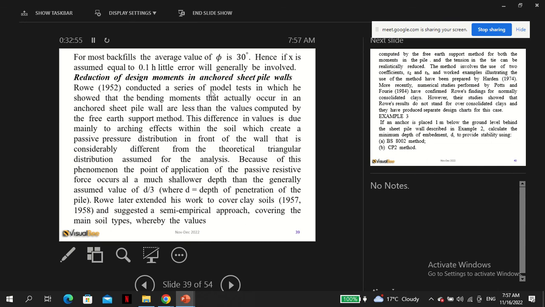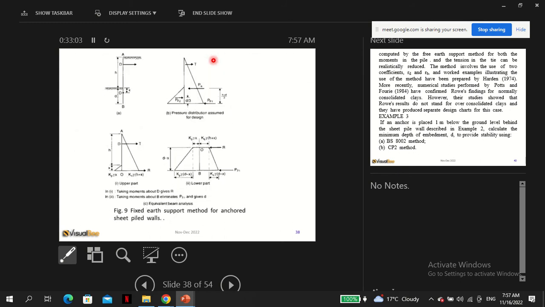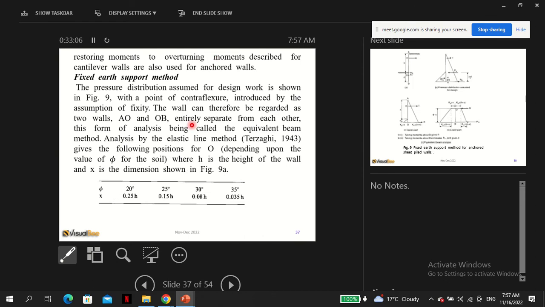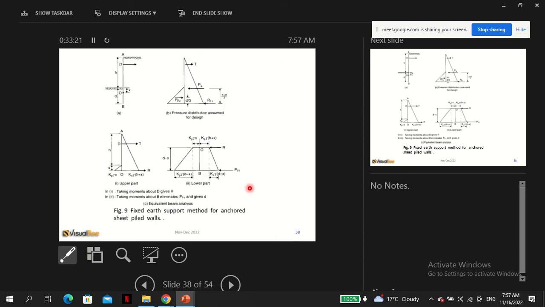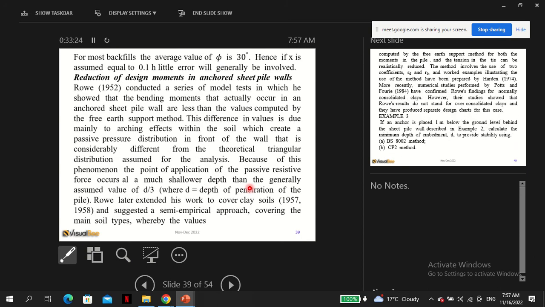So when the angle of friction is 30, we can assume that x is 0.1h. With some error, the actual value is 0.08. But we like the round figure. 0.08 is a little odd, so 0.1 seems neat. So the error introduced would generally be little. Of course, the main aim is to make sure we have a safe design. So either way, you still have a safe design.